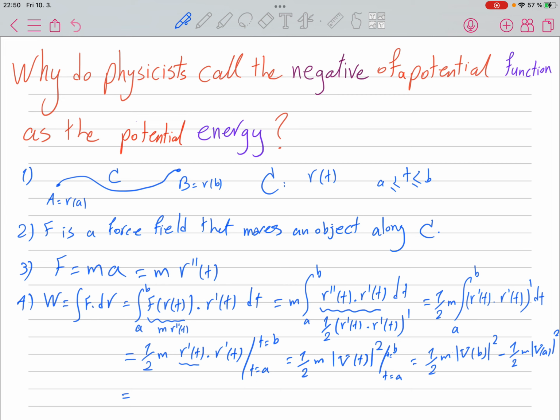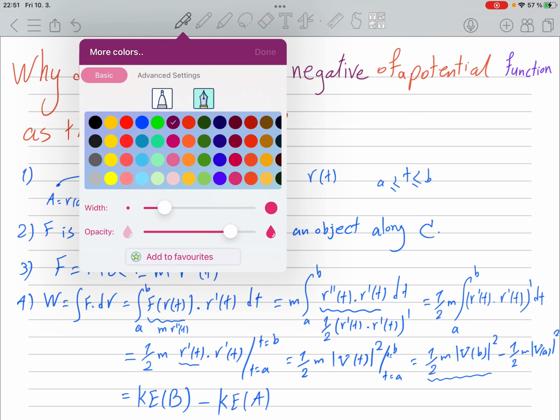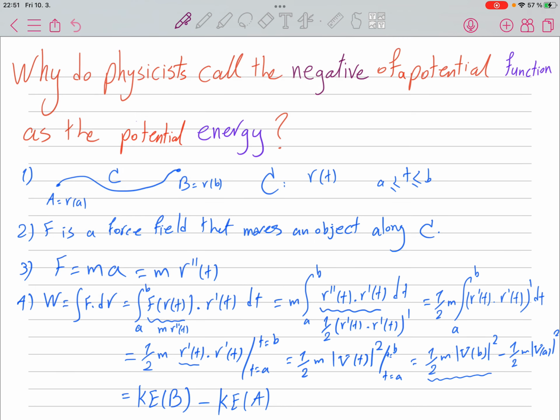Now this somehow rings a bell: this is going to be the kinetic energy at the point b, minus the kinetic energy of the object at the point a.